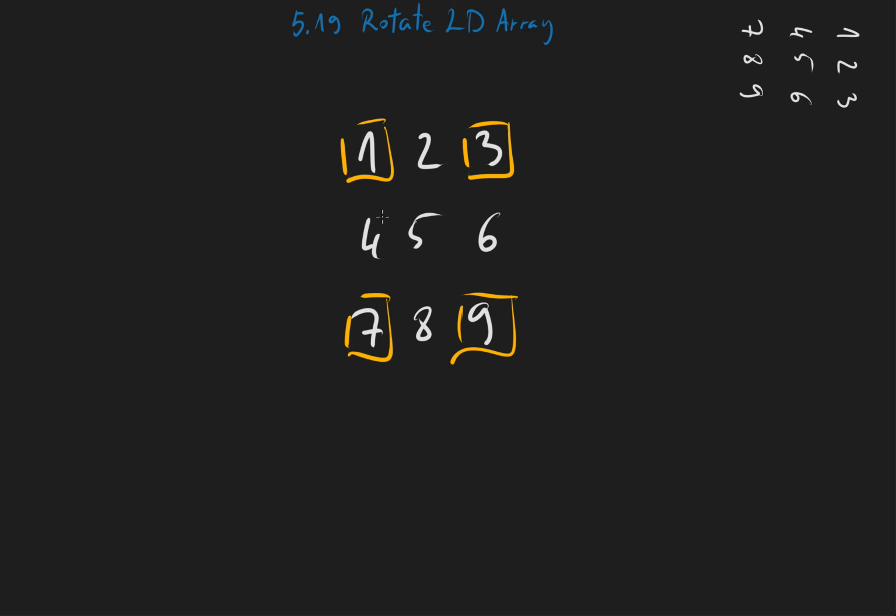And to solve this in place, we can save this cell to a temporary variable. And then we can just move the corners to their new positions by rotating them clockwise, right?